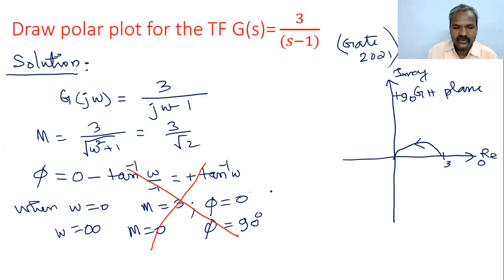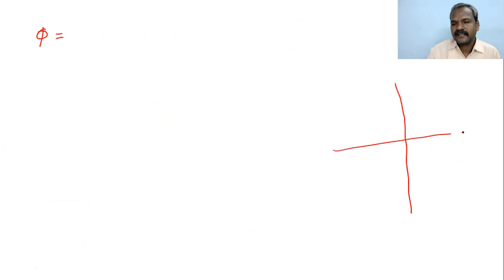So this approach is wrong. So what we have to do? Let's see. We have to do the phase angle. Actually, the polar plot, let us plot in the complex plane, real and imaginary. So where is the point?